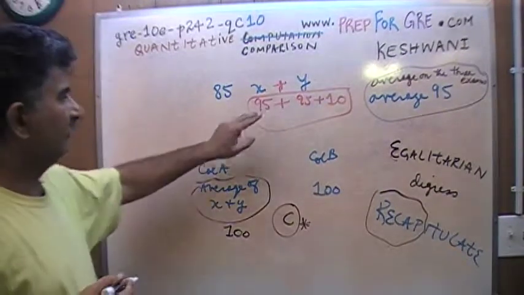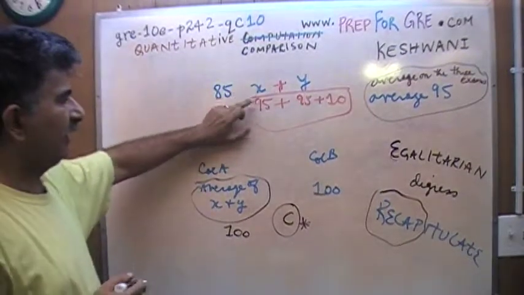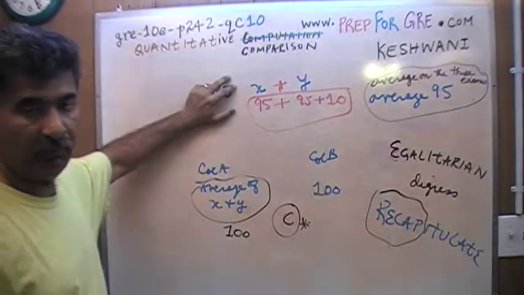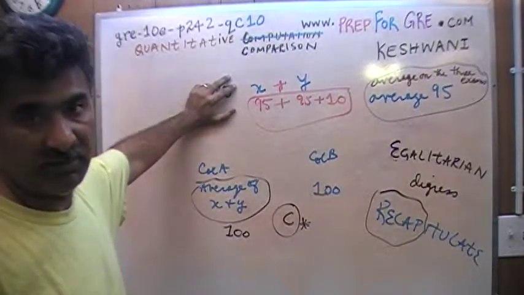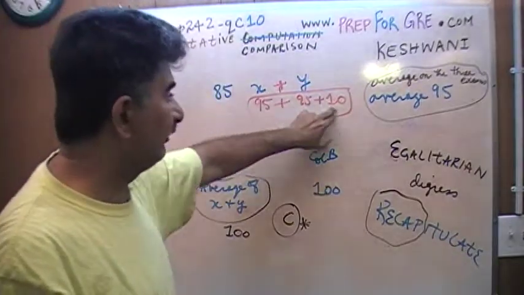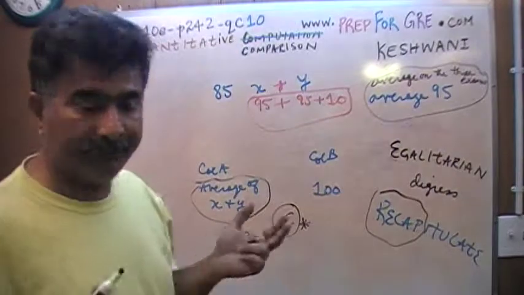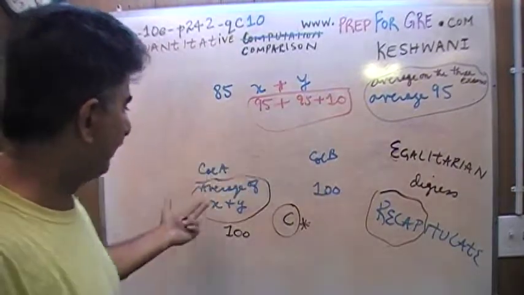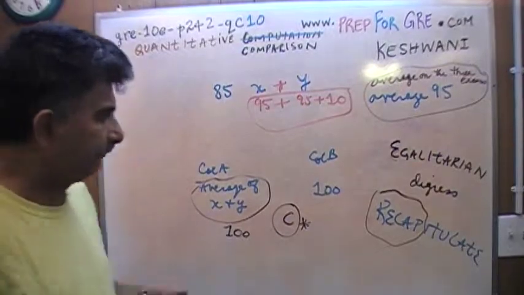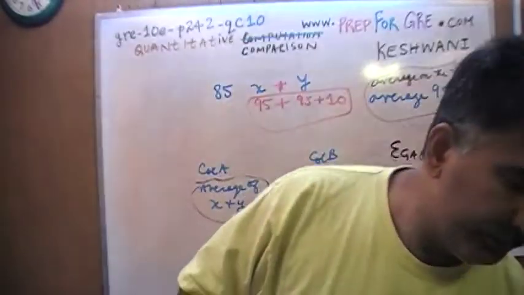So what I said to myself is that had this been 95, and had this been 95, then the first exam would have to be 95. But it's not 95, it's 85, which means we are 10 short. So 95 plus 10 must be the average of X plus Y. That's all. Which works out to be 200, and therefore the average of X and Y is simply 200 divided by 2, which is 100. That's all. I hope you found it helpful.